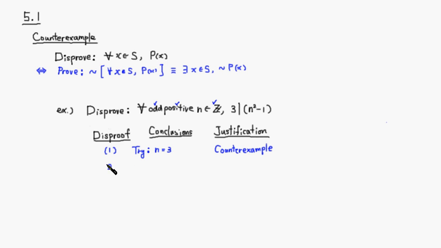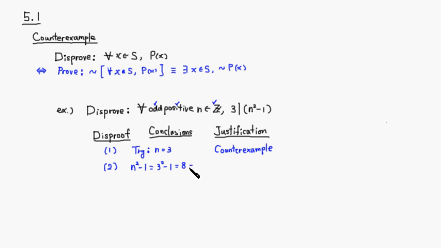So the next line is going to be, we have to look at n squared minus 1. So consider n squared minus 1, which is, of course, just substitution: 3 squared minus 1, which is going to be 9 minus 1, 8. We want to see if this is divisible by 3.